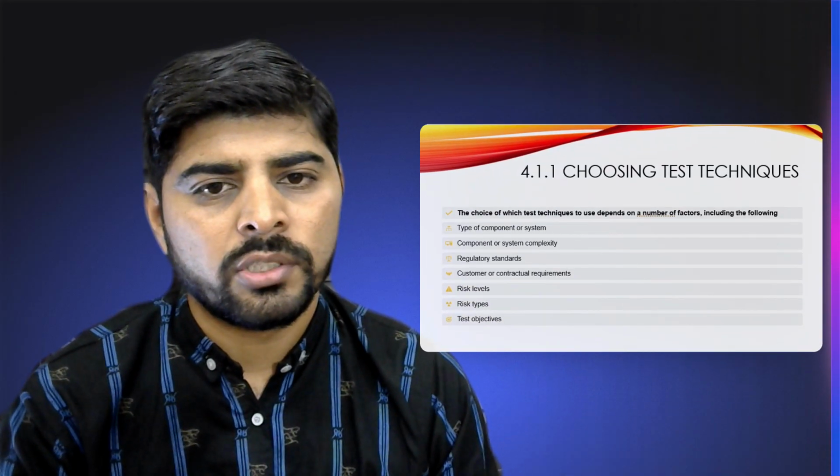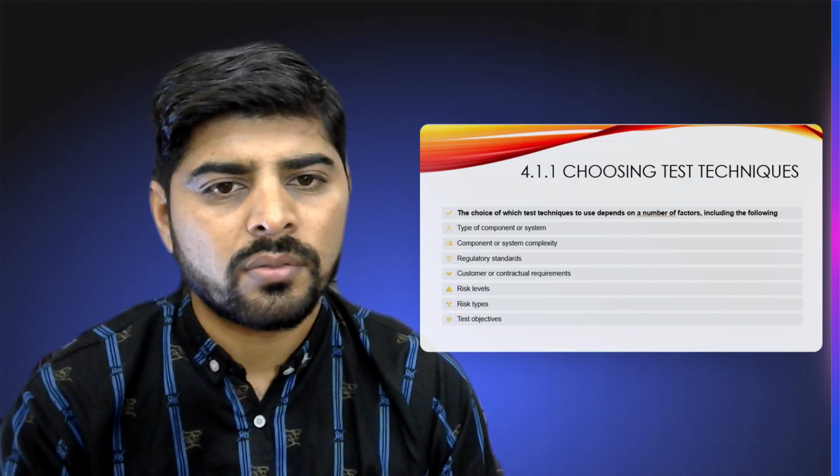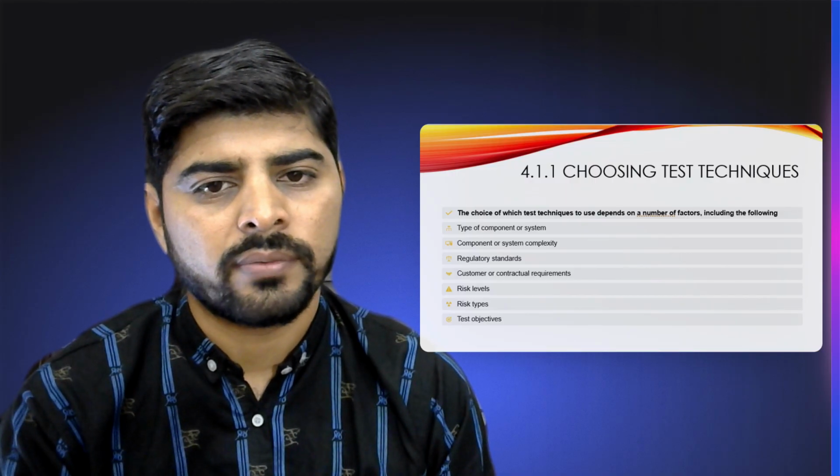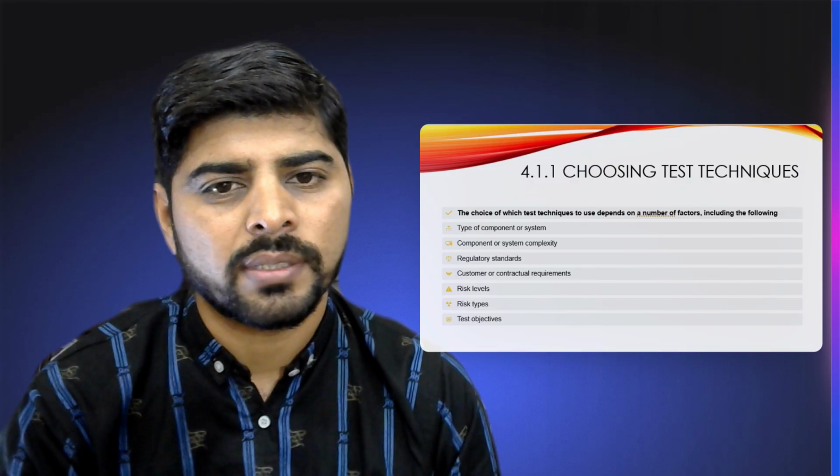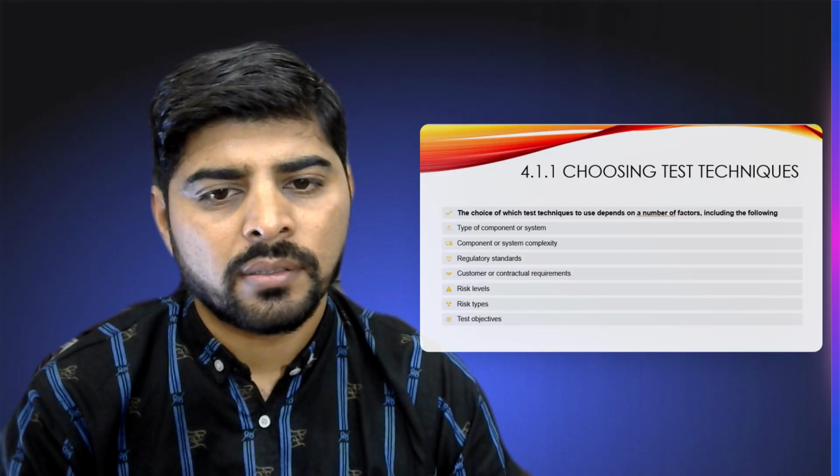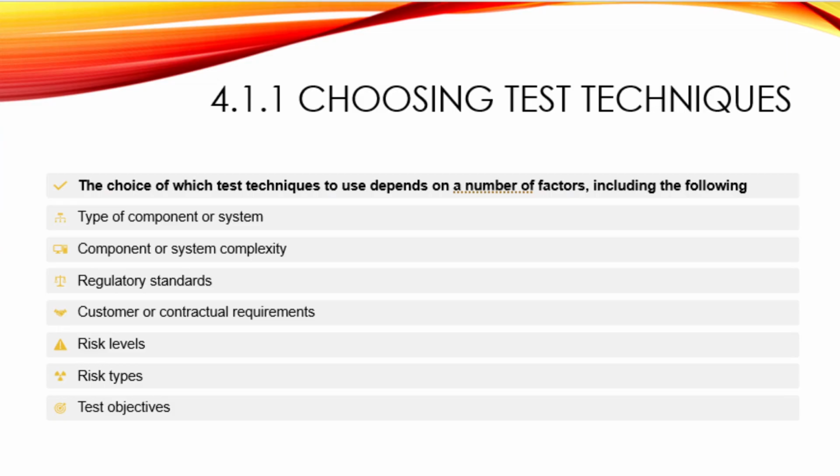The choice of which test techniques to use depends on a number of factors: the type of component or system, its complexity, regulatory standards, customer and contractual requirements, risk level, risk types, and test objectives.